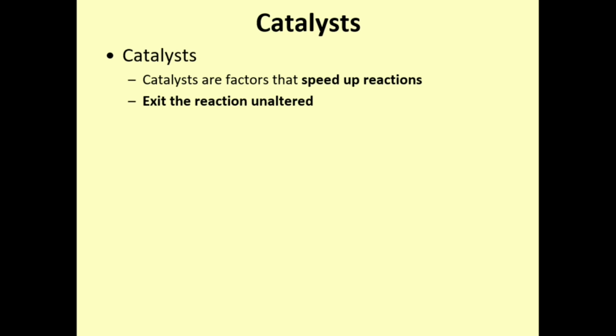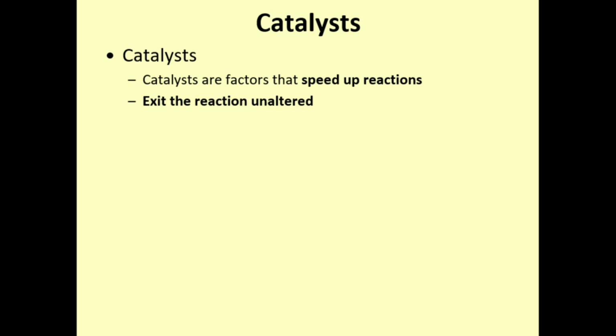Because they exit a chemical reaction unaltered, that means they are free to do the same chemical reaction over and over and over again. If a catalyst was altered or affected by the reaction it was speeding up, then it wouldn't be able to carry out the same reaction again. So in terms of enzymes, which are a type of catalyst, our bodies would have to just keep producing new and new enzymes over and over again to enable our bodies to function.